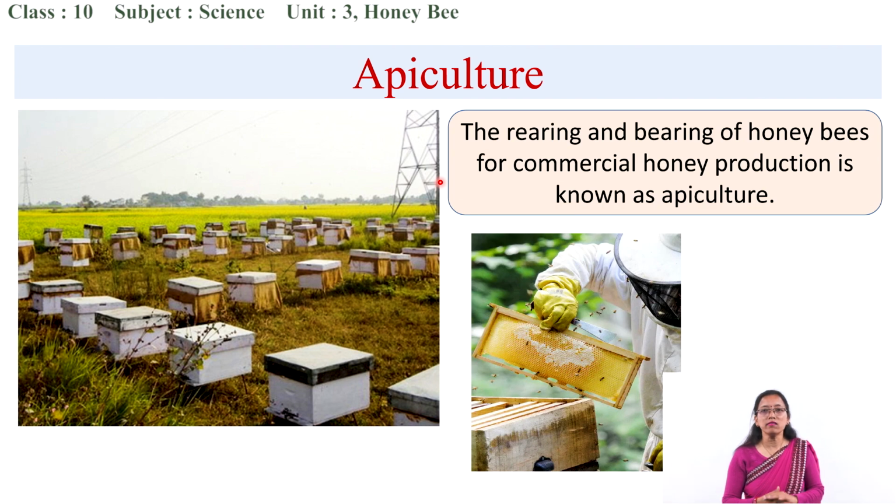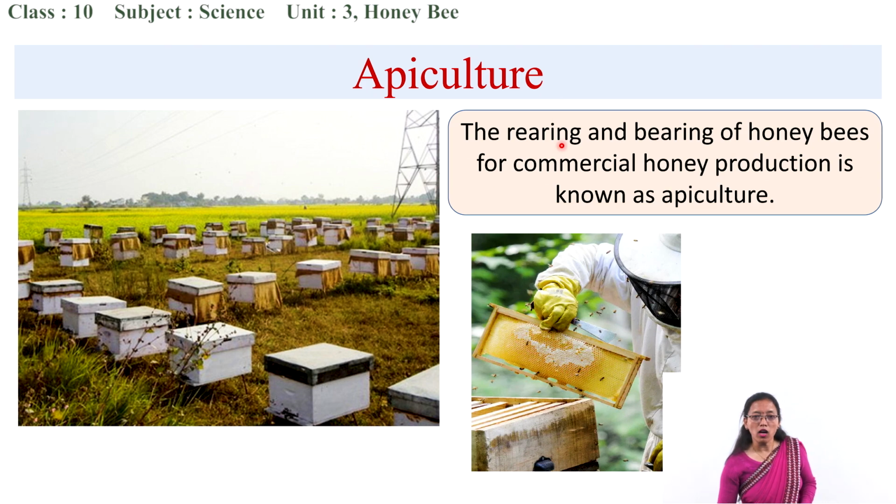Just now we have seen the history of cultivation of the honeybee. That means the traditional way of honey production, next honey and wax production, next commercial production. Now what is the commercial production of honey called?